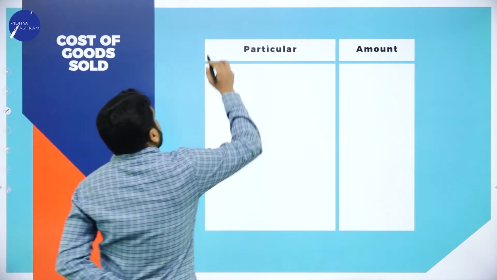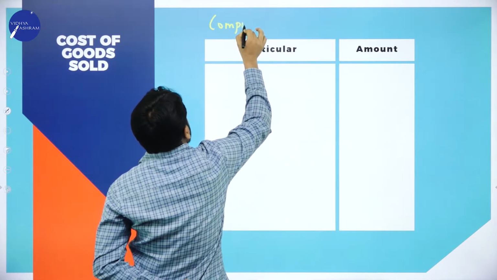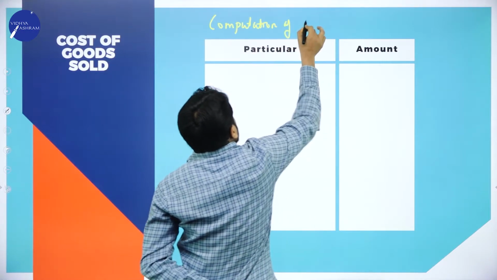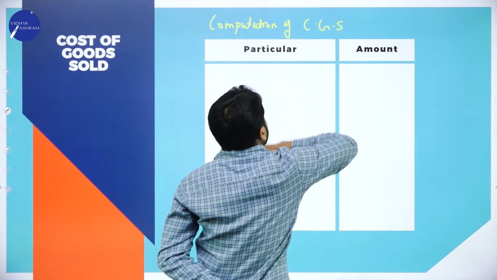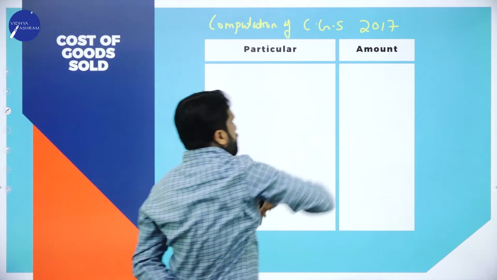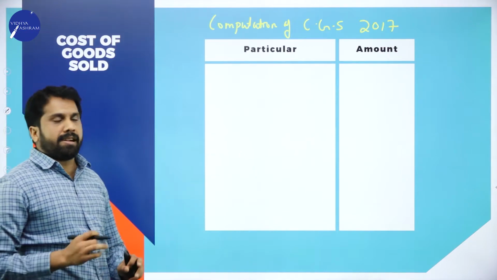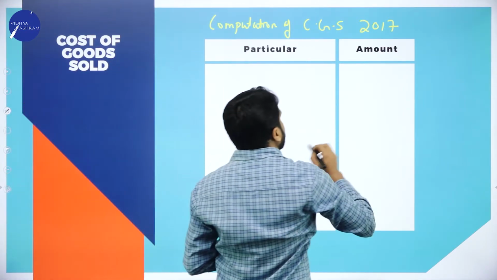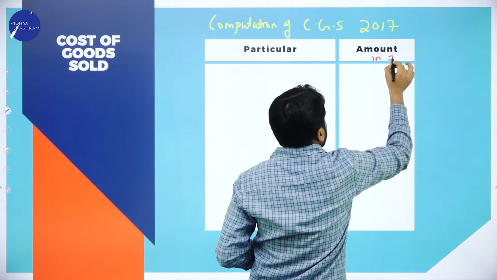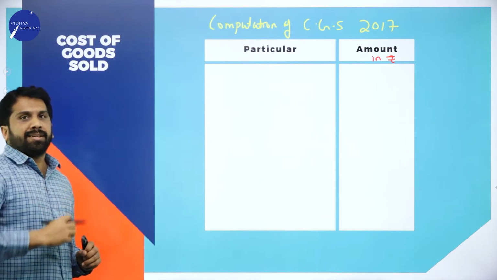So, computation or calculation of cost of goods sold for the year 2017. Now, whatever amount is given, you have to mention that amount in rupees.